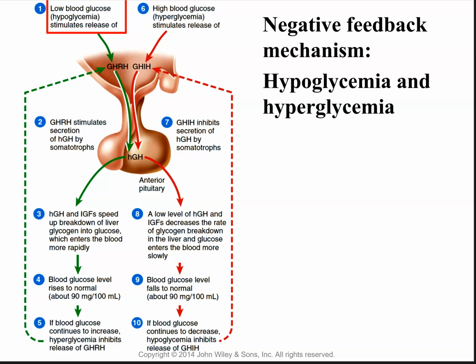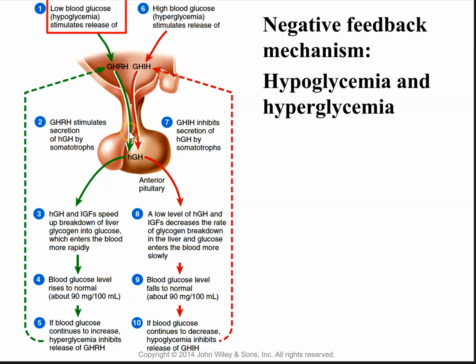The growth hormone is regulated by negative feedback inhibition, like most hormones in the body. So when we have a low blood glucose concentration, the hypothalamus senses the low blood glucose and it secretes growth hormone releasing hormone.